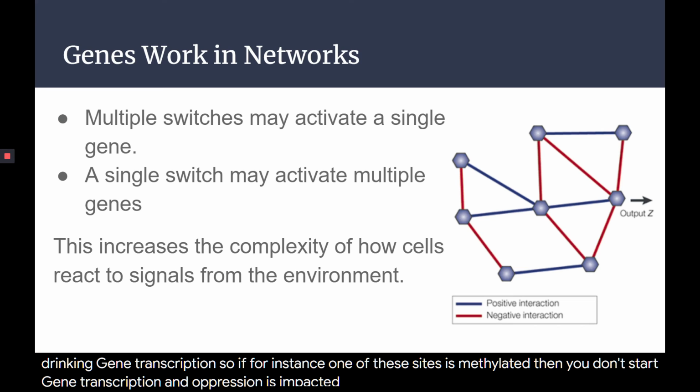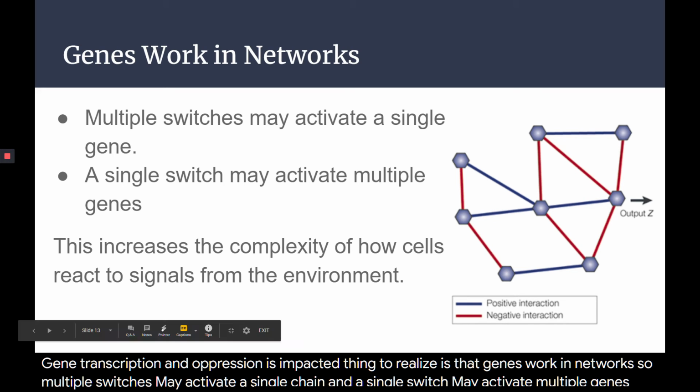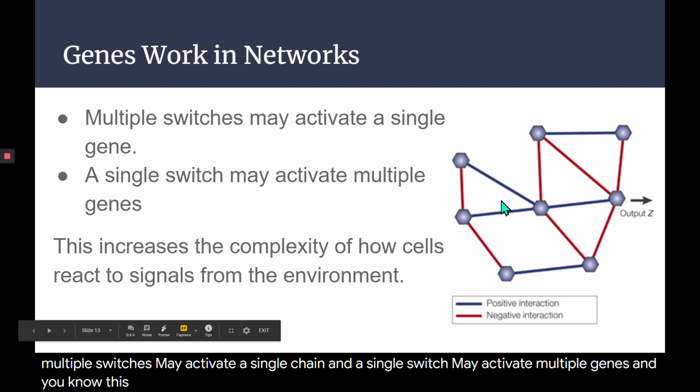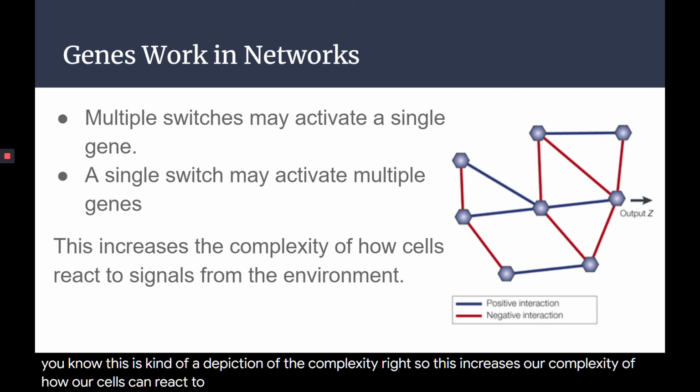The other thing to realize is that genes work in networks. So multiple switches may activate a single gene, and a single switch may activate multiple genes. This is a depiction of the complexity, and it increases the complexity of how our cells can react to signals from the environment.